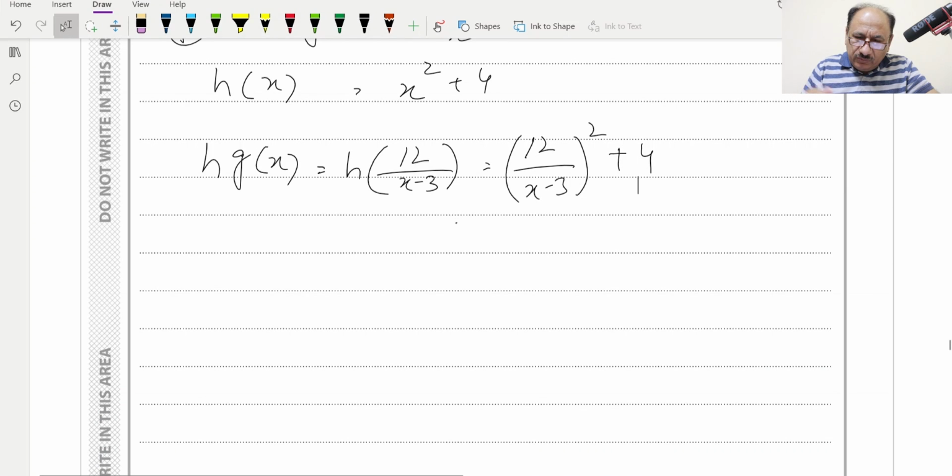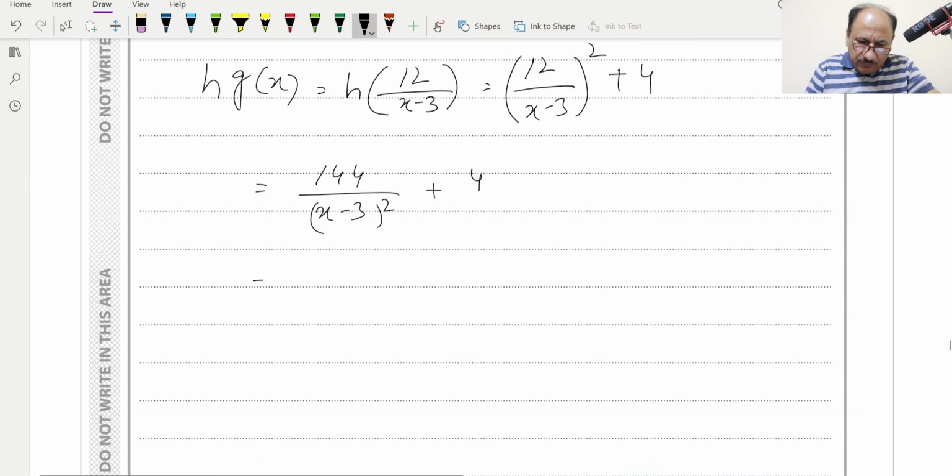Further we have to simplify this one. 12 squared will be 144, over x minus 3 squared, plus 4, and now we can take LCM, which will be x minus 3 squared, and this will be 144 plus 4 times x minus 3 squared.